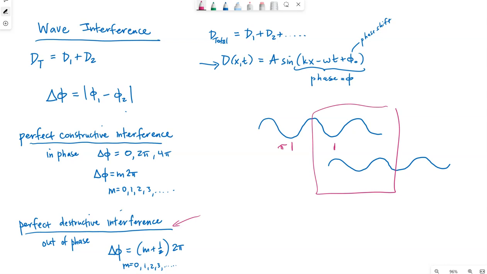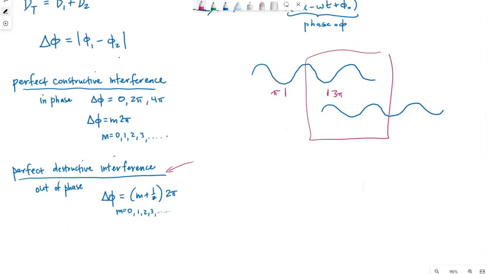And so that would be a shift of 3 pi, going from where it was originally to now. So by moving that wave, we can still get the destructive interference. And similarly, we could move the wave where a peak would line up with another peak so that it would be in phase as well.